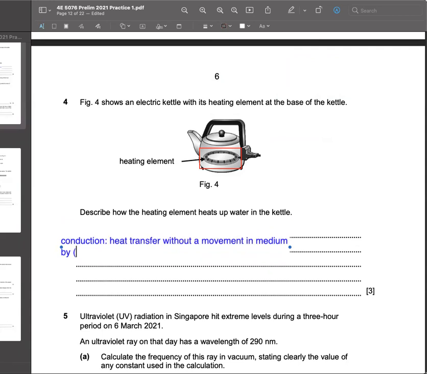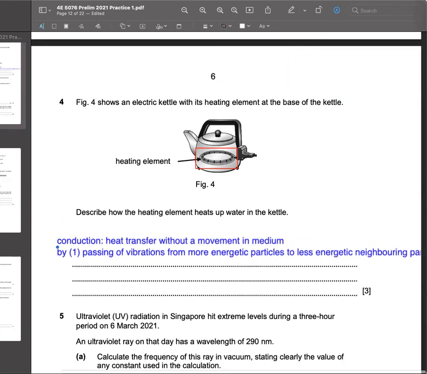There are two processes. The first is by the passing of vibrations from more energetic particles to less energetic neighboring particles.